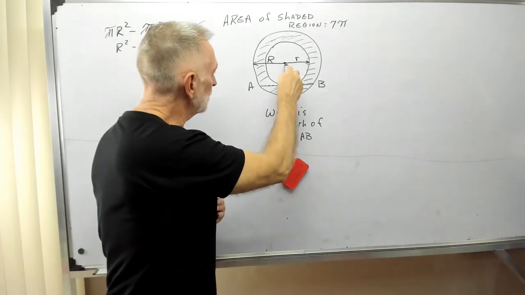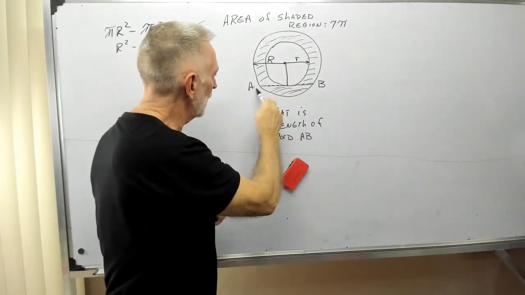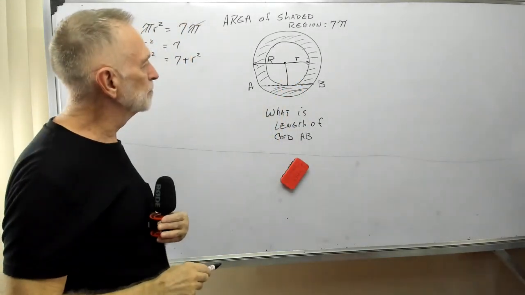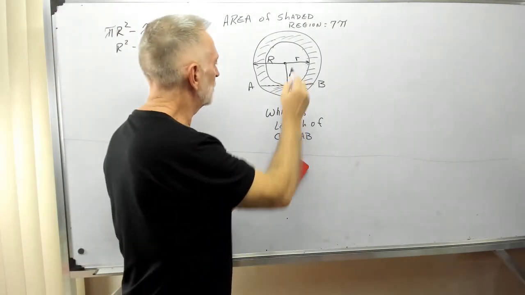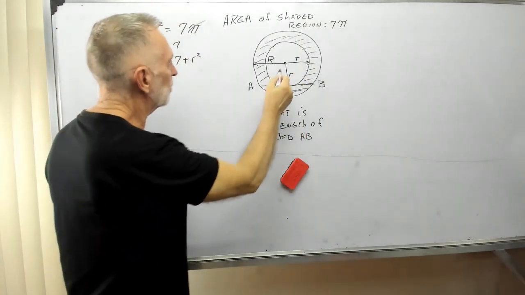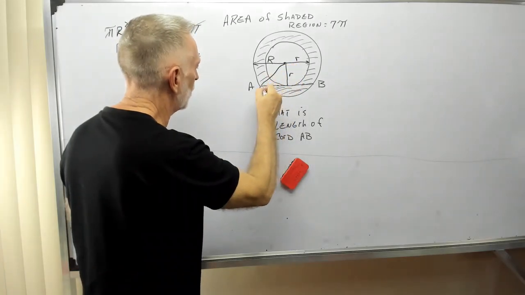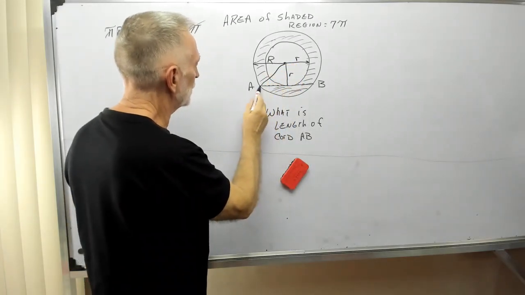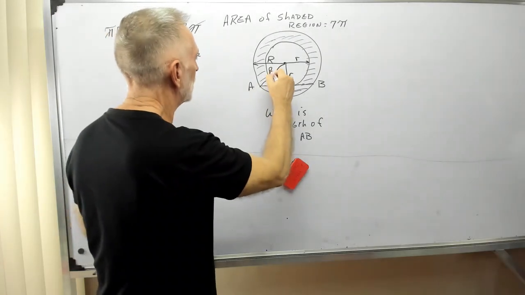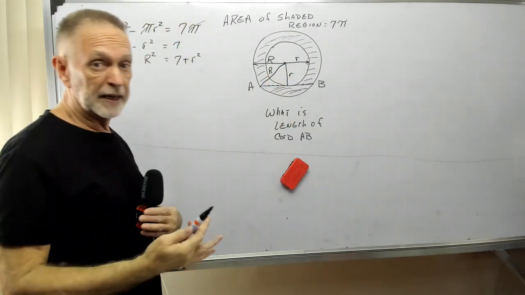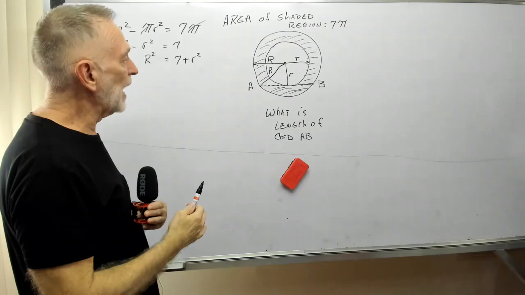So that means it bisects AB in half. So that's that inner radius. Now if I redraw my outer radius to this point where AB is touching the outer circle, that's also still big R. It's the radius of the outer circle.